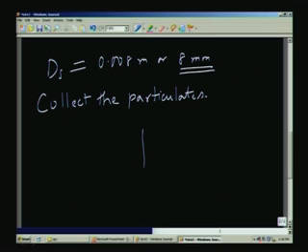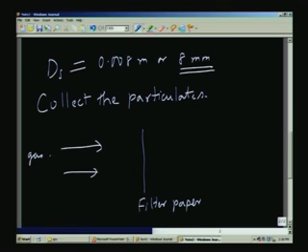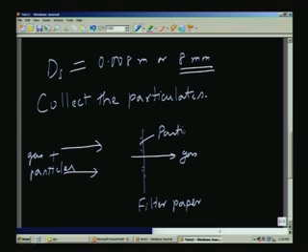For example, if I have a filter paper or some material, and I am having the gas plus particles, the gas will pass through and the particles will deposit. So, particles get deposited on the filter paper. Of course, filter paper means it could be some filtering element.